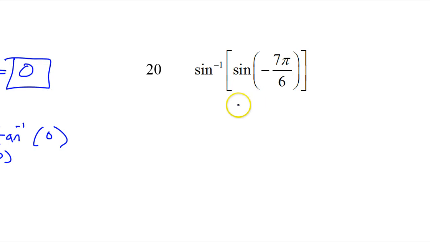And last one, number 20. Inverse sine of negative 7 pi over 6. Well, the reference angle is clearly pi over 6. And I've learned that the sine of pi over 6 is 1/2. Question is, should it be negative 1/2? That's all I have to worry about.